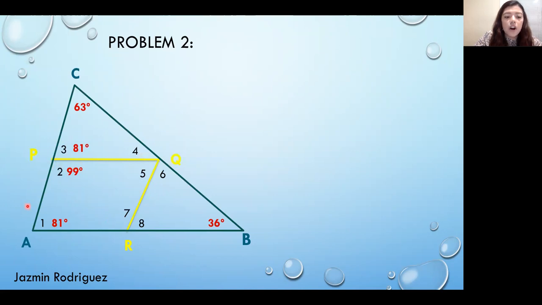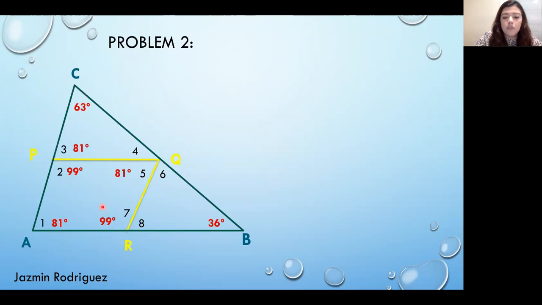We know that their opposite interior angles are going to be equal. So that means that our angle 1 is going to be equal to its opposite angle 5. That means that angle 5 will also be 81 degrees. Same thing for angle 7. Angle 7 is the opposite of angle 2, and therefore it will also be 99 degrees.